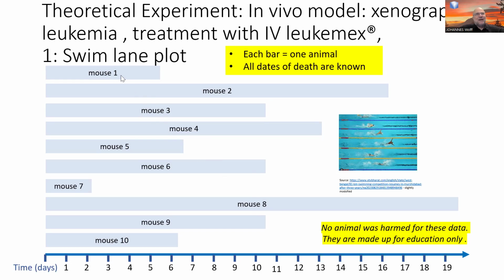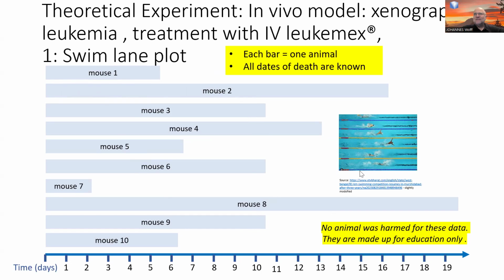Now, these 10 mice in our theoretical experiment lived various times, and overall, our colleagues in the laboratory thought this is not too bad. The mice lived longer than they would have lived with the model only without treatment. And then you draw curves like that. You draw figures like that with one bar each equals one mouse, and they end up at different times.